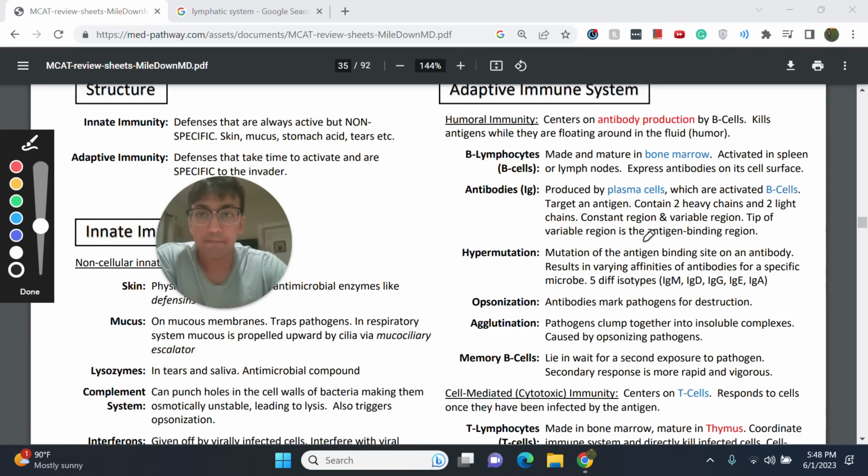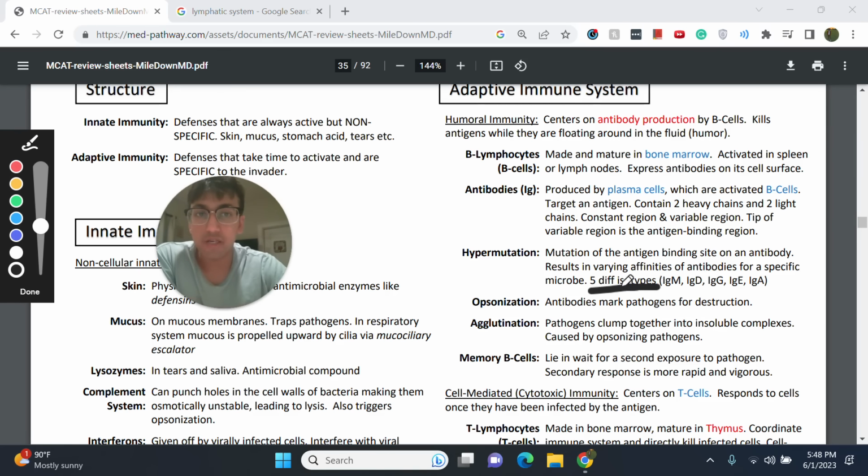You'll have a constant region and a variable region, right? The tip of the variable region is the antigen binding region, and this tip is specific to that antigen. Hypermutation can occur, and this is not super important for you to understand fully right now, but hypermutation is mutation of that antigen binding site on an antibody, and that results in varying affinities of the antibodies for specific microbes.